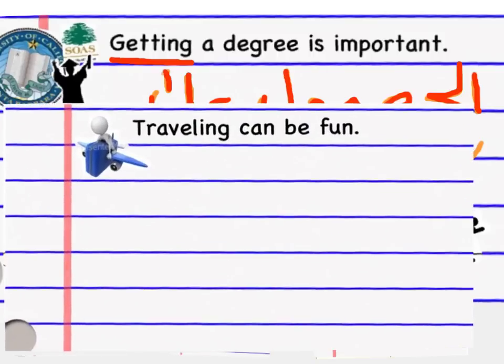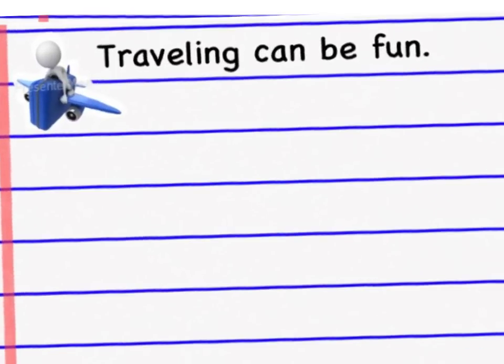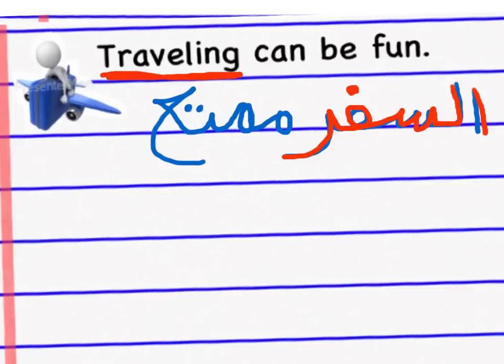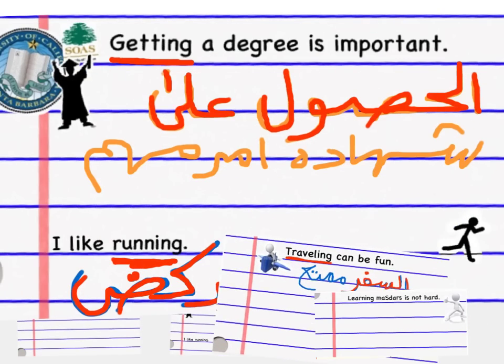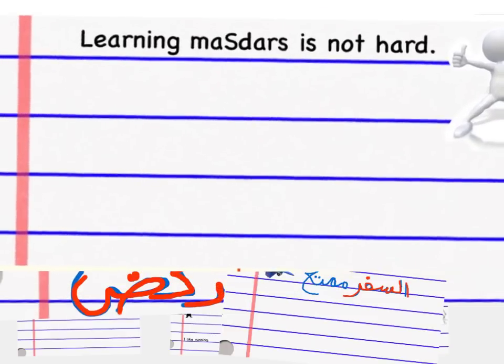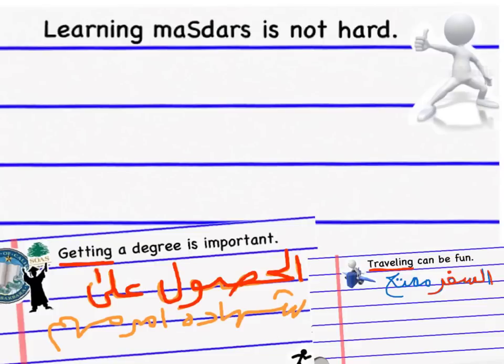Next we have traveling can be fun. In Arabic we say السفر ممتع. السفر is traveling, مصدر, السفر. And last but certainly not least, we have learning مصدر is not hard.